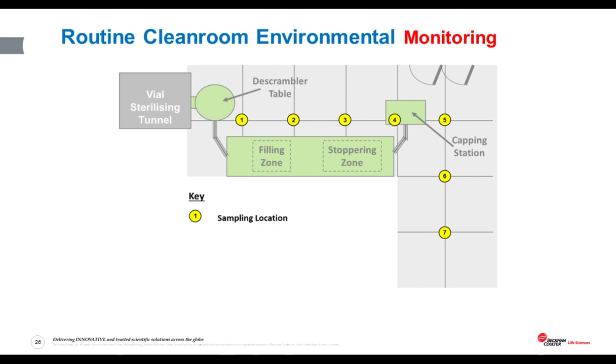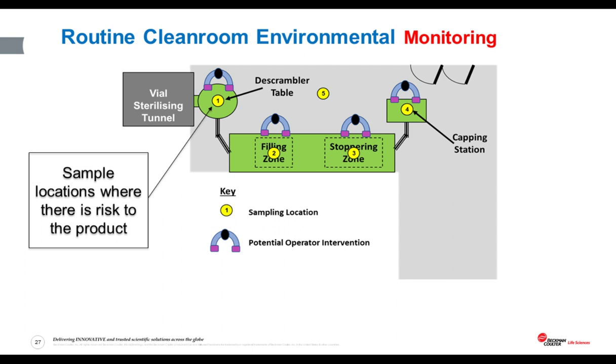So now, if we go back to the example I used a moment ago for classification of a clean room, in this theoretical example, the user has taken a look at their manufacturing process and they decided on those locations where the product may be at risk. And instead of laying out in the grid format like we did for classification, for monitoring, they've laid out their sampling program appropriately.